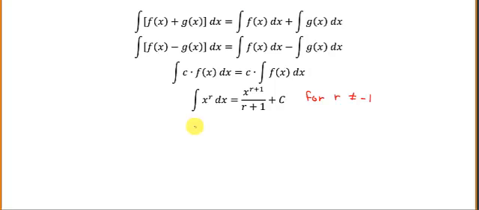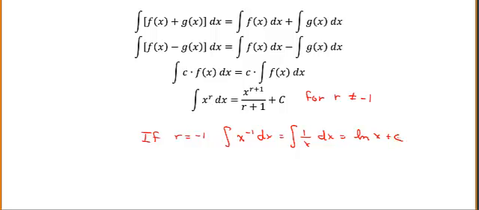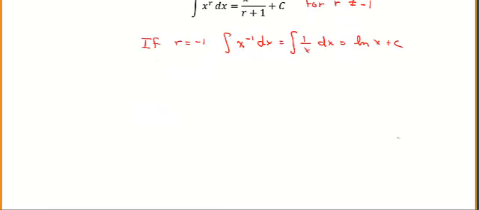By the way, if r is equal to negative 1, we'd be taking the antiderivative of x to the negative 1 dx, which is the antiderivative of 1 over x dx, and that would be the natural log of x plus c. Notice the natural log fills in that gap left by our power rule.